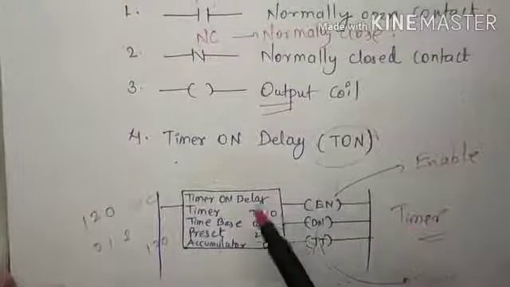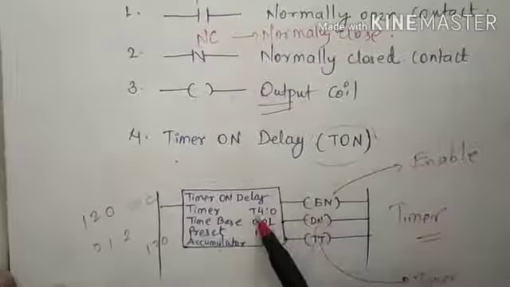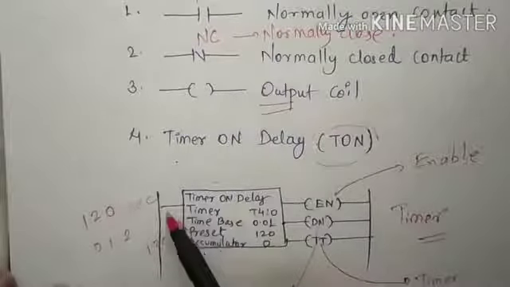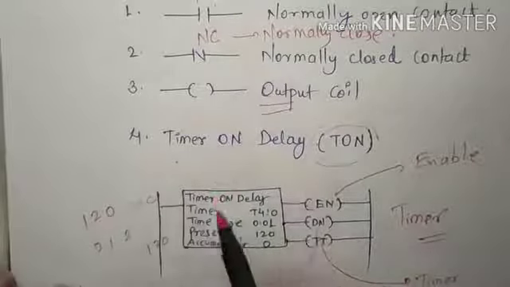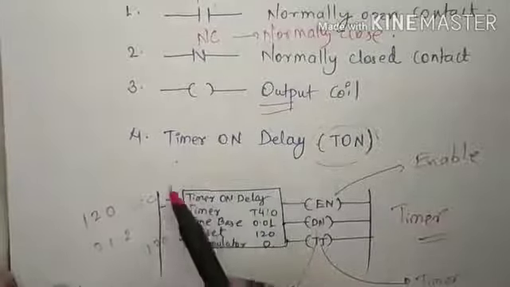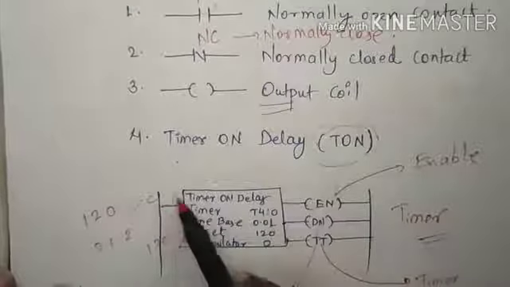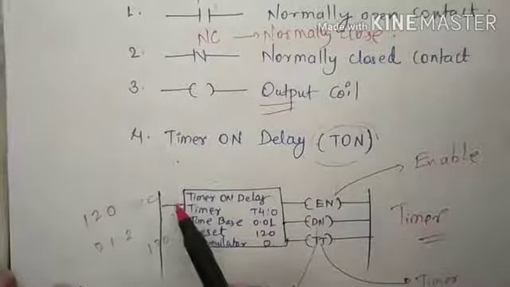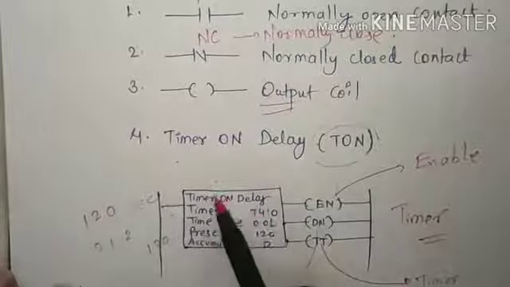In ladder programming, before this timer I will connect my push buttons, NO or NC. If the current is flowing up to the timer, then the timer will get its input.